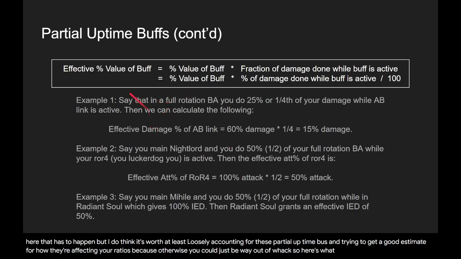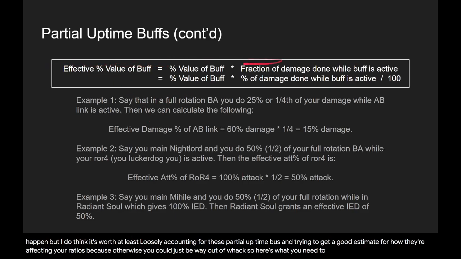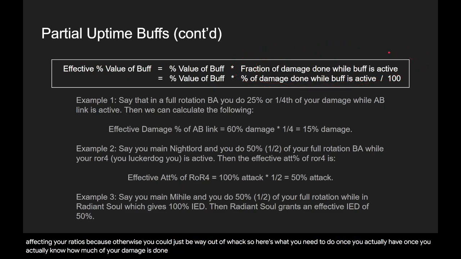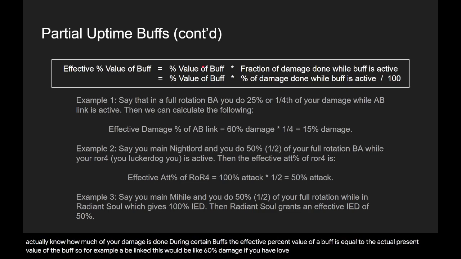So here's what you need to do once you actually know how much of your damage is done during certain buffs. The effective percent value of the buff is equal to the actual percent value of the buff. So for example, for AB Link, this would be 60% damage if you have level 3 AB Link.